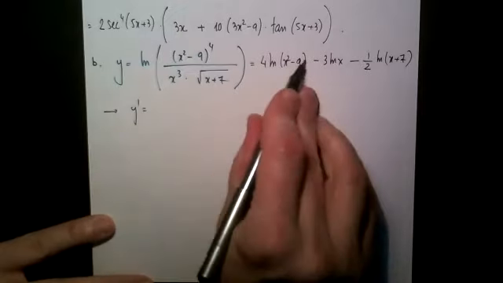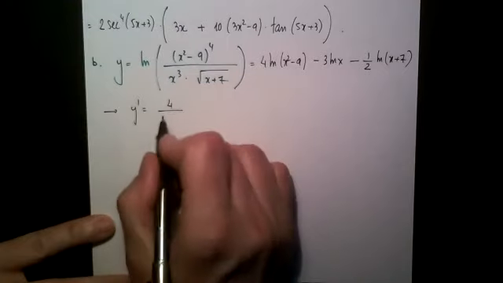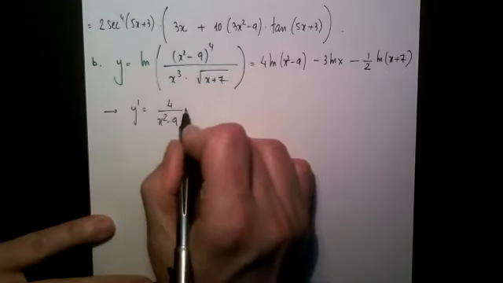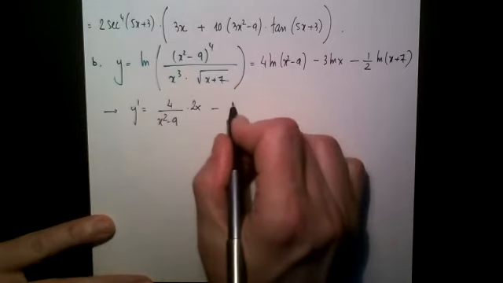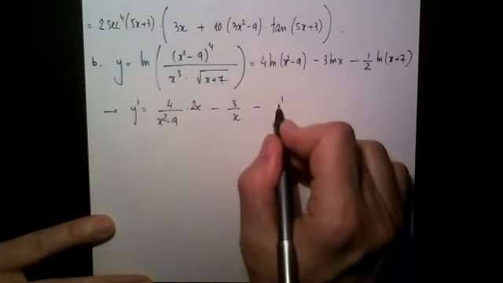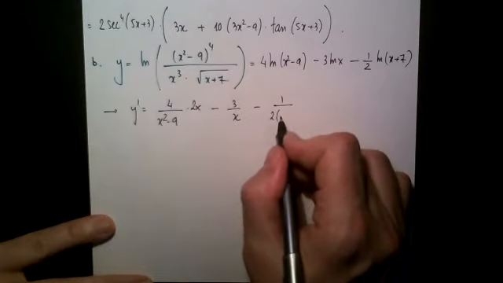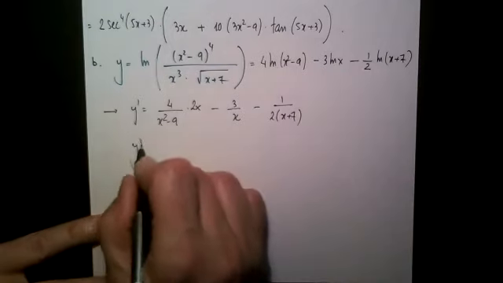So y prime, the derivative of this is 4 over (x² minus 9) times 2x, minus 3 over x, minus 1 over 2 times (x plus 7). And that's going to be my answer. Okay, just simplify it nicely.